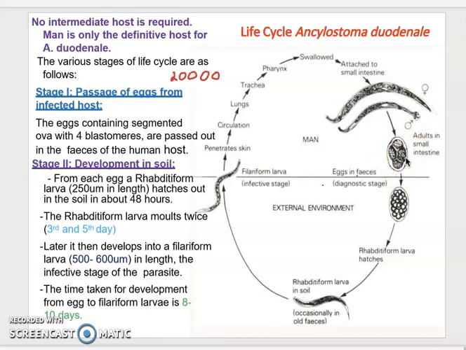The eggs released in the feces are usually at the 2 to 8 cell stage. You can see the different cells present, and under favorable conditions of moisture, temperature and oxygen, they complete their development inside the soil.